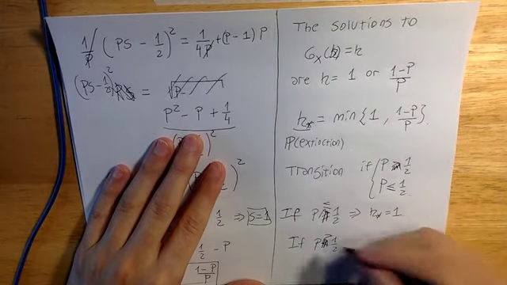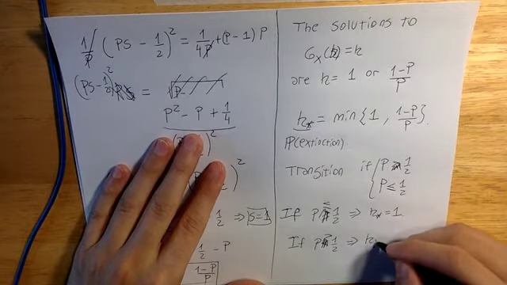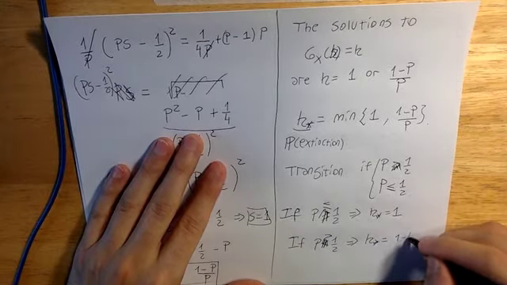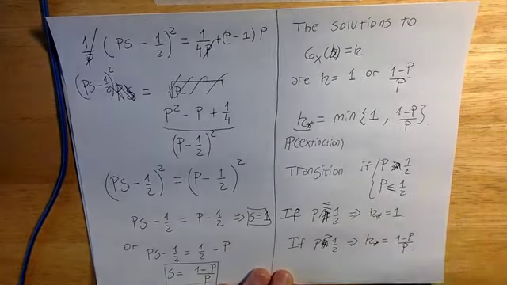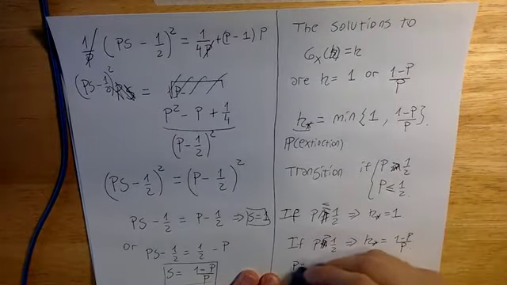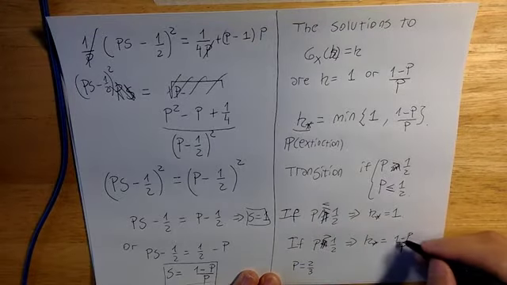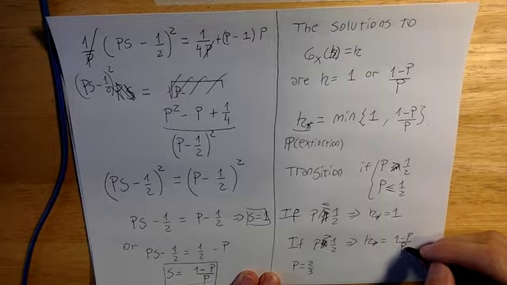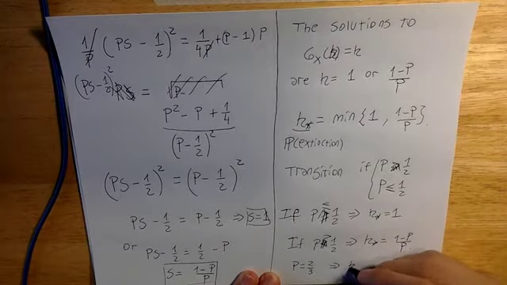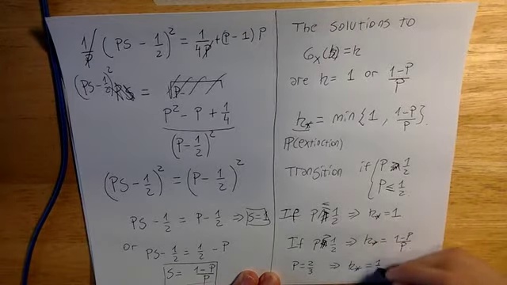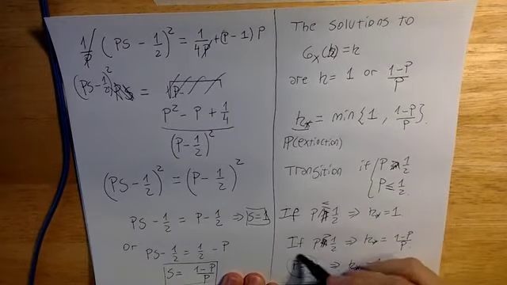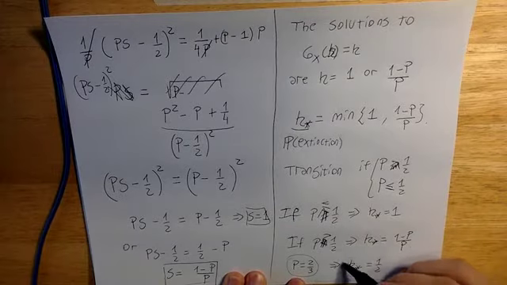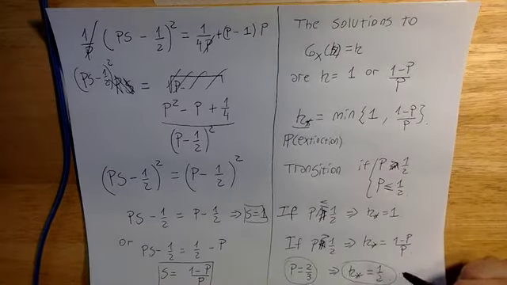And if p is bigger than 1/2, then eta star is equal to (1 minus p) over p. So in particular, if we take p equals 2/3, we are going to get 1/3 over 2/3. So eta star is equal to 1/2. So in this specific example, if we take p equals 2/3, then the probability of extinction is 1/2.